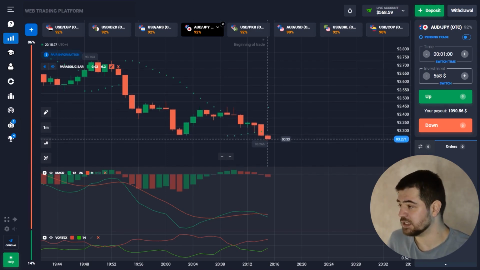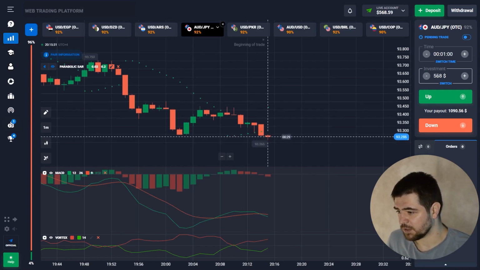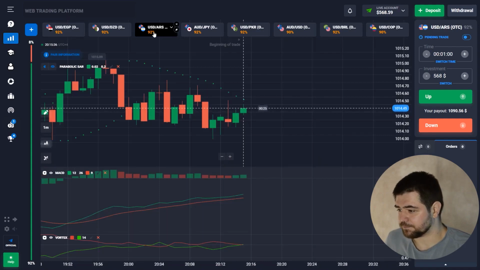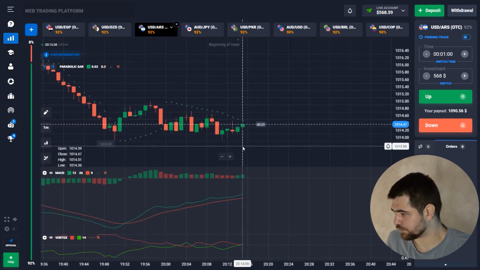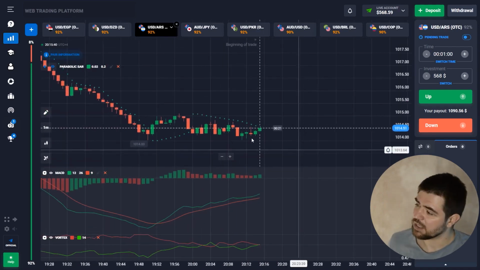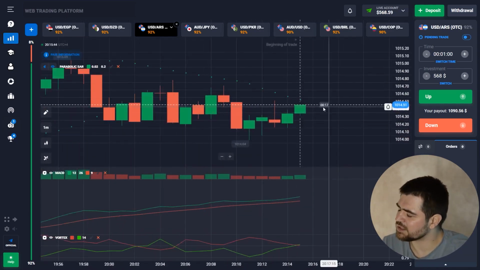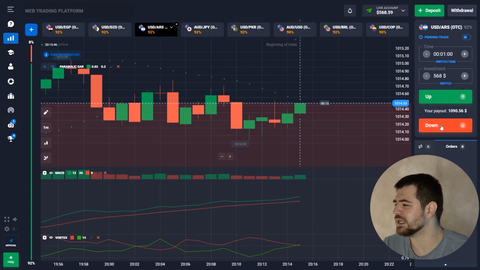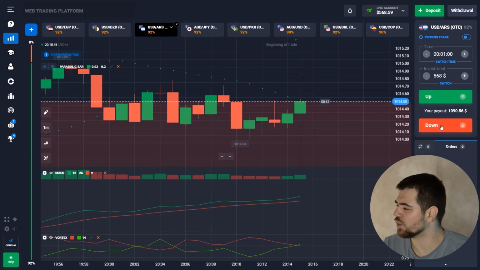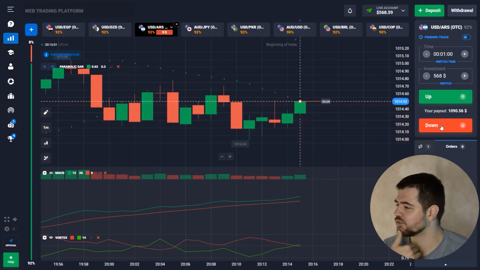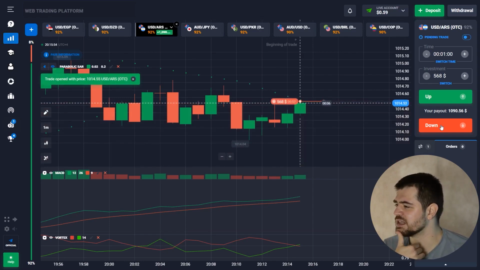Which is going to be, let's have a look. Okay, what's happening here? There's a flat market really, but let's try to work from the resistance level.